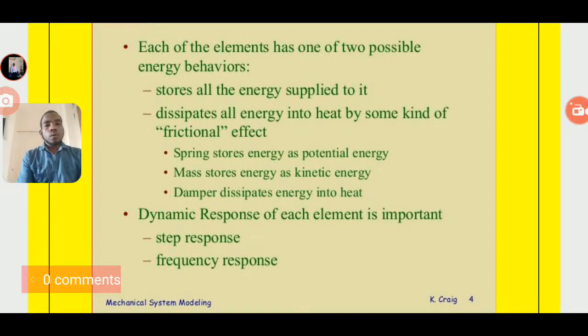So the spring stores potential energy, which is due to position with no movement, whereas the mass stores kinetic energy, which is due to motion. The damper dissipates energy. There is no storage of energy in the damper, but it dissipates energy.